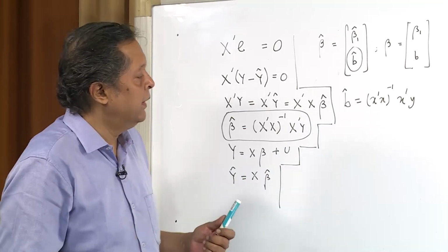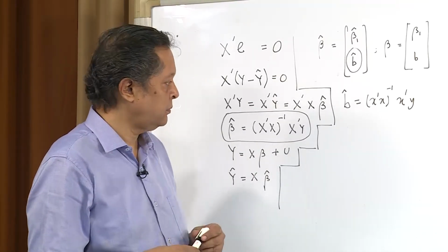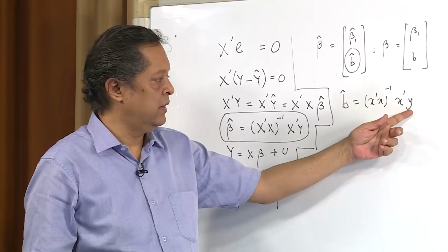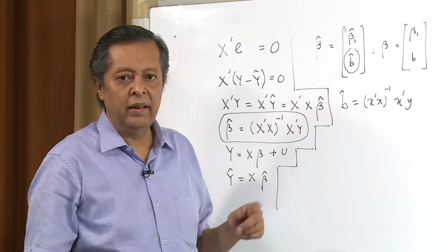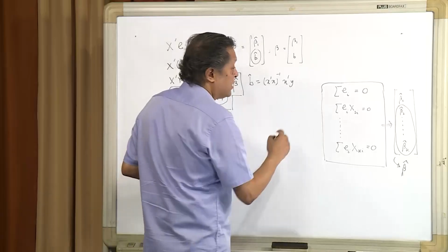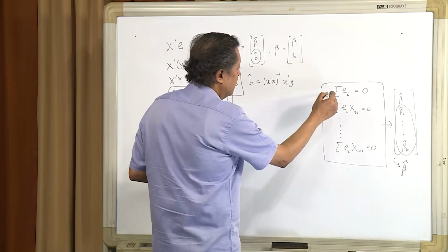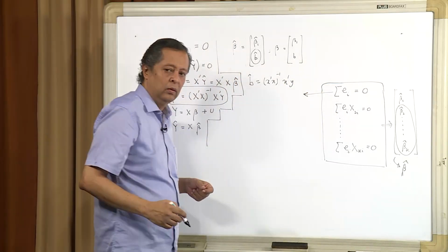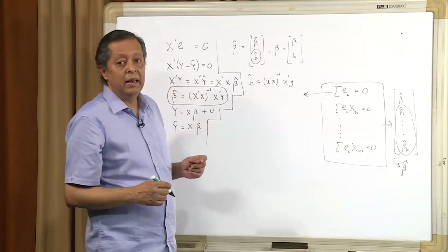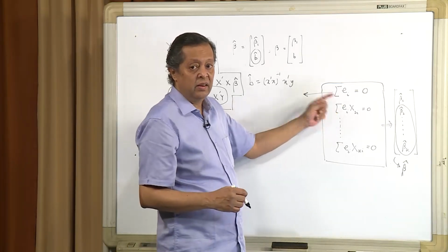So, let us look at the properties of the OLS estimates. As is evident, these are linear in the y_i's, and because y_i is linear in the u_i's, they are linear in the u_i's also. There are some important implications of the OLS estimates. From the first normal equation, what we get is that the mean of y must be equal to the mean of estimated y, because the mean of the error is 0.